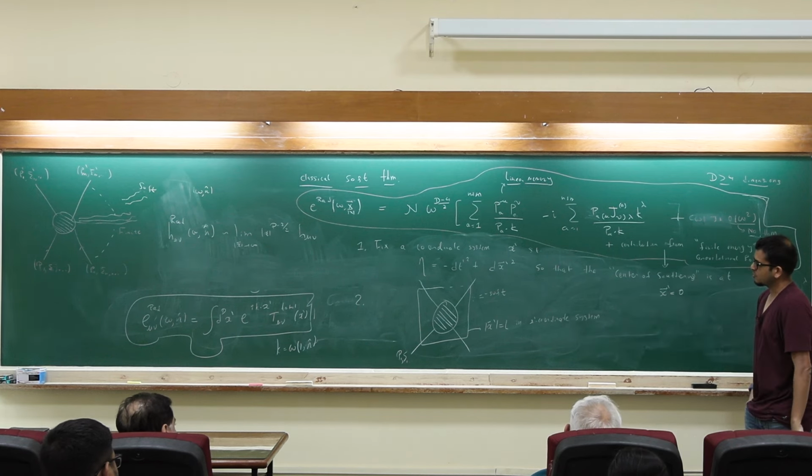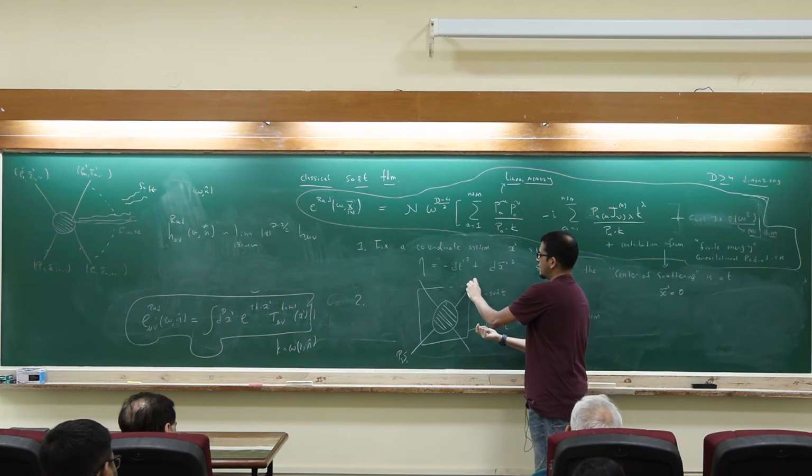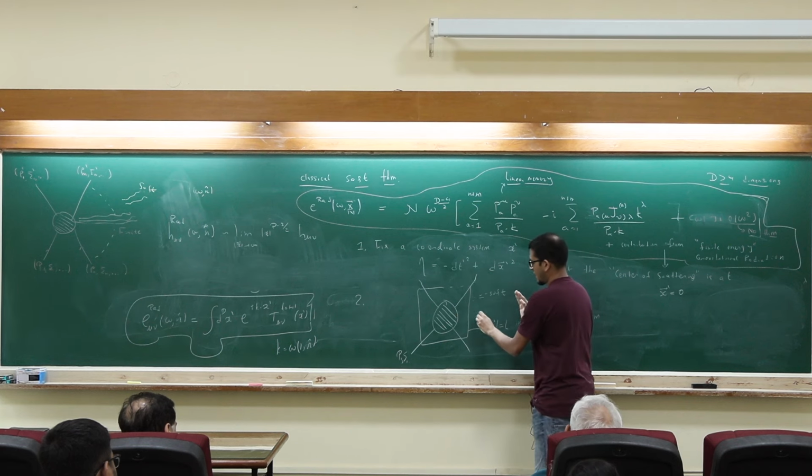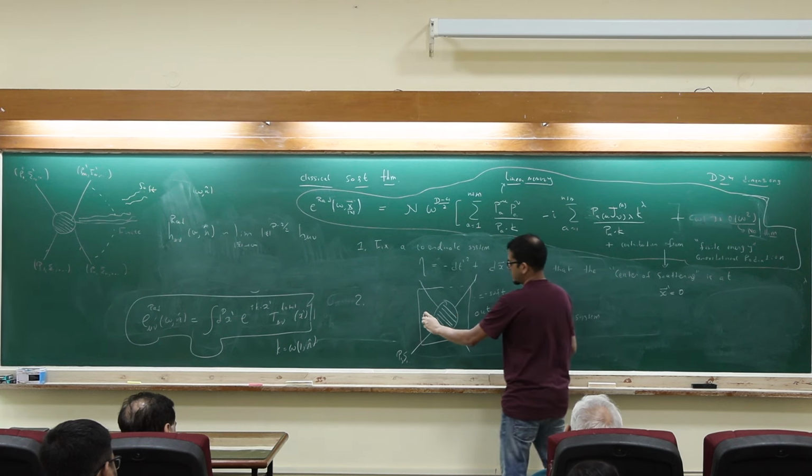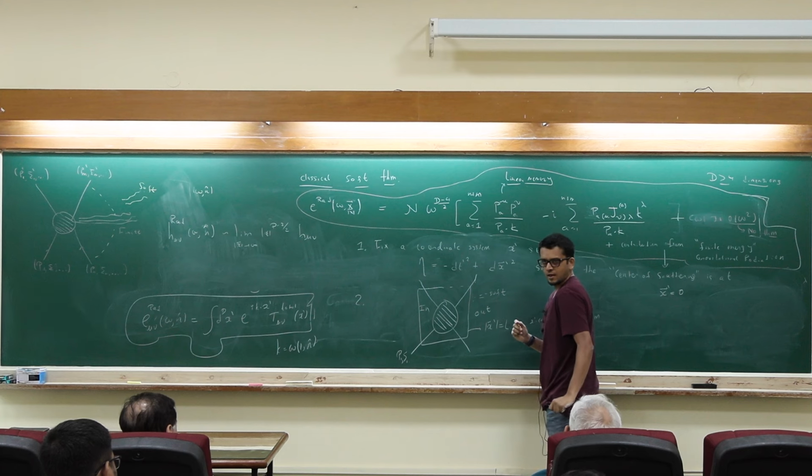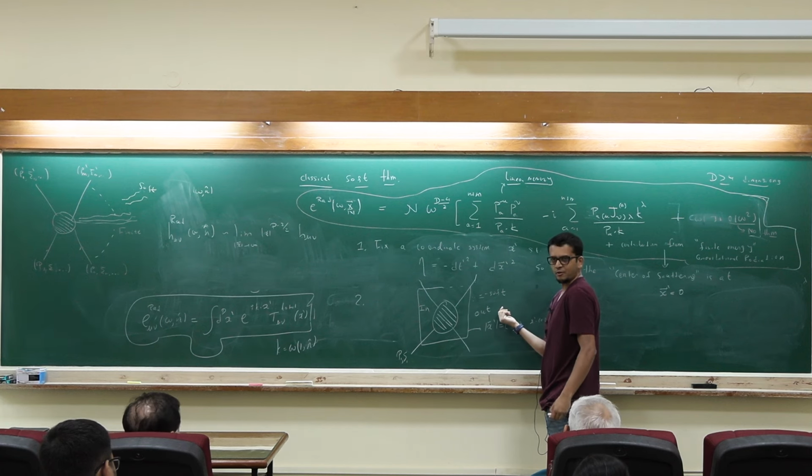So what we want to do is compute first the radiation from this; I'll call this the out region, and I call this the in region. We want to first compute the radiation coming out of particles from the out region, and separately from the in region, and then look at the sum of the radiation. Okay, that's the logic.